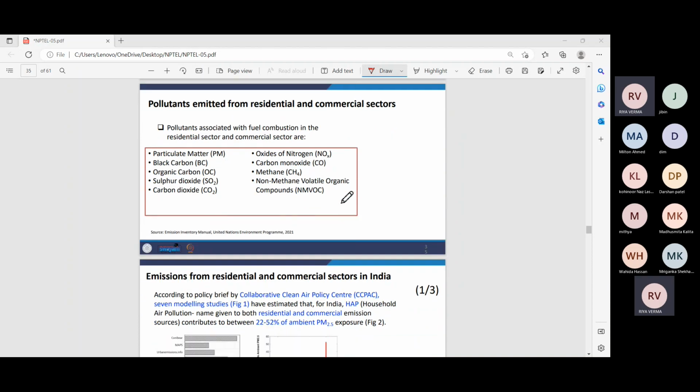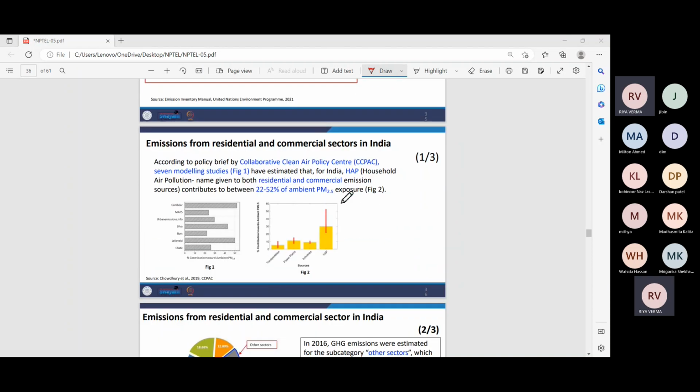So, the emissions from residential and commercial sectors in India. According to a policy brief by CCAC, household air pollution is the name given to residential and commercial emissions. It contributes almost 22 to 52% of all the ambient PM2.5 exposure.